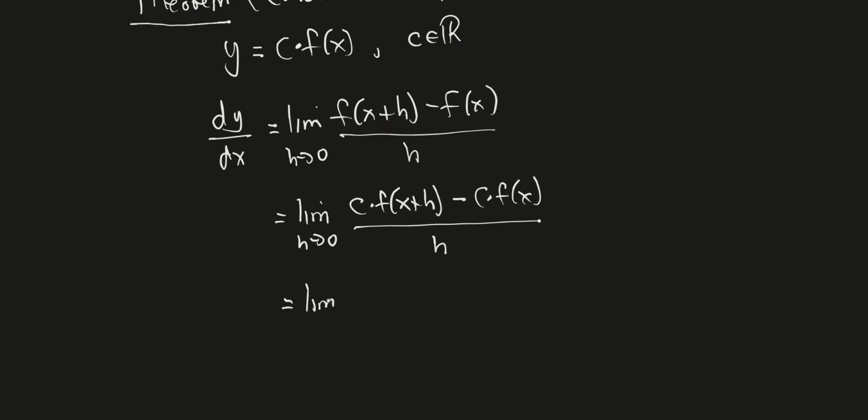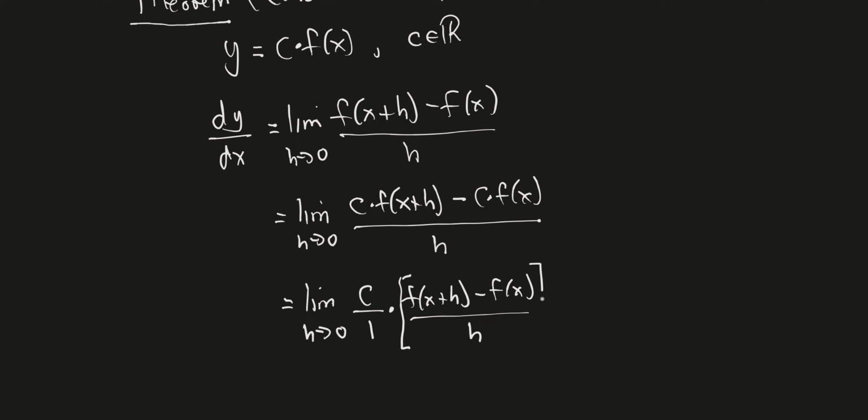It looks like this: the limit as h approaches 0 of c over 1 times my difference quotient, f of x plus h minus f of x, all over h. And just for emphasis, let me put a pair of brackets around that, to say let's factor out the c out of the numerator, and I just put it over 1 here as emphasis.